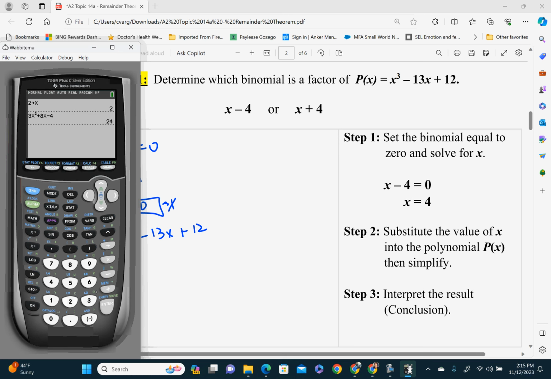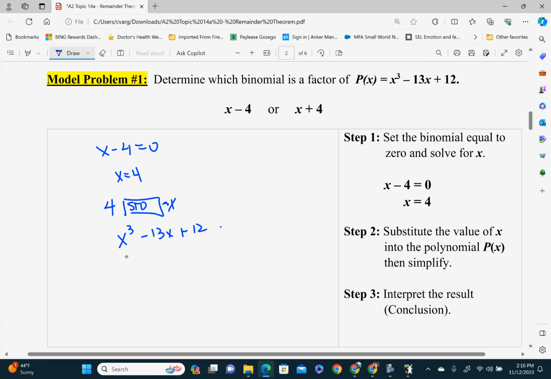Okay, very simple. So we're going to take 4, store it in for x, hit enter, and plug in our expression, x to the third minus 13x plus 12. Hit enter, and you get 24, right? So when you plug in 4, you get 24.